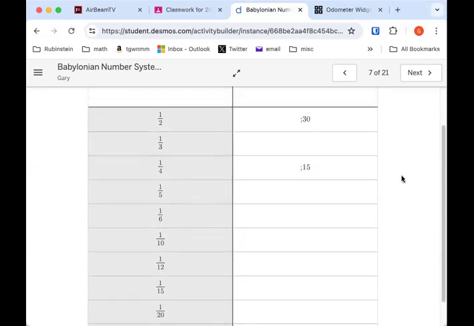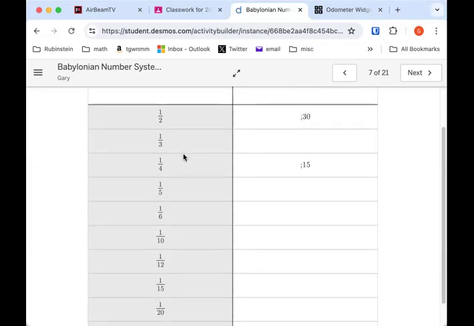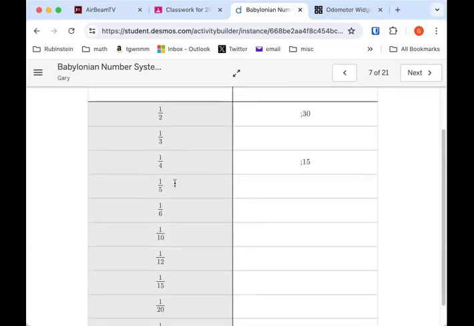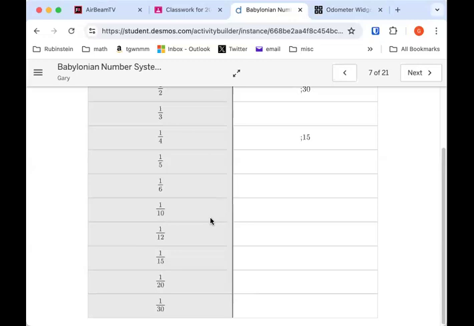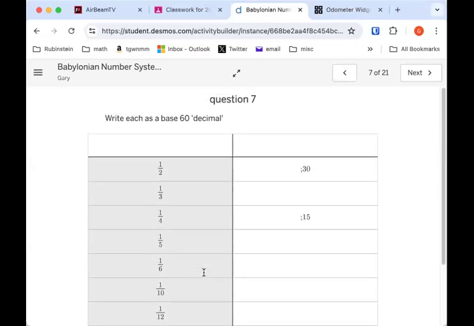So why don't you fill in the other ones though? What do you think? Think about time. Think about half an hour is 30 minutes. Quarter of an hour is 15 minutes. How about these other ones that you can do? 1/3, 1/5, 1/6, 1/10, 1/12, 1/15, 1/20, and 1/30. You can fill out that chart.